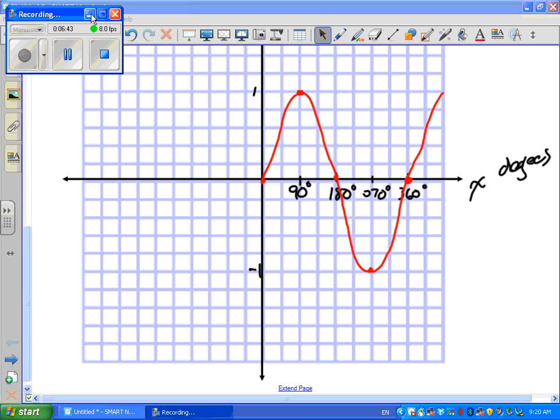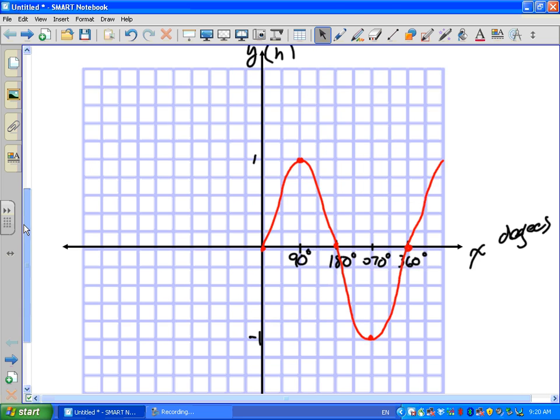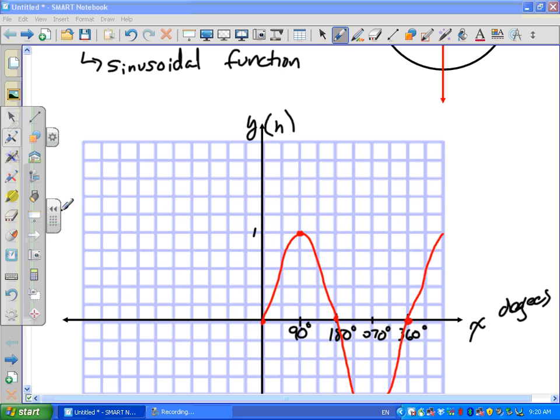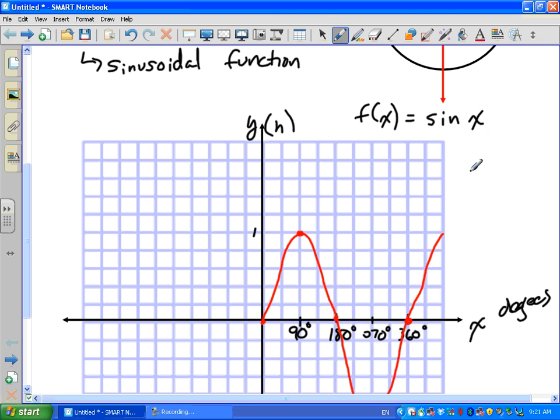All right. Okay, so if that makes sense, our normal sine function is represented by this equation. We have our f of x or a y, depending on if we're a function or not. We're going to say f of x is equal to sine x.